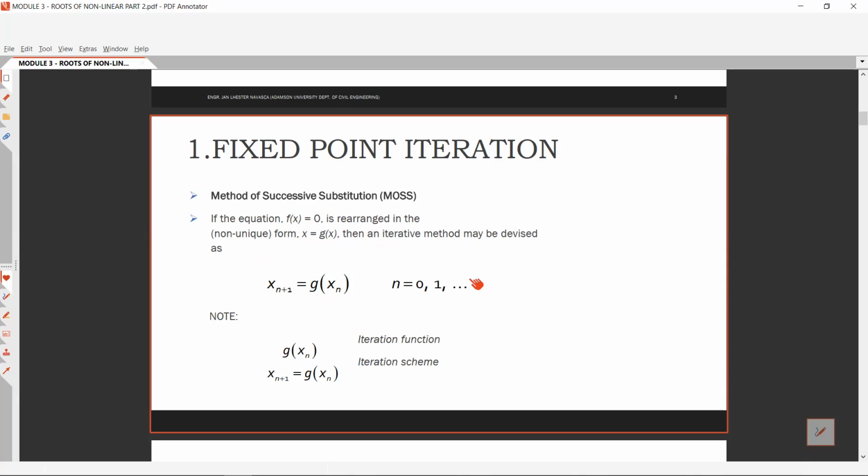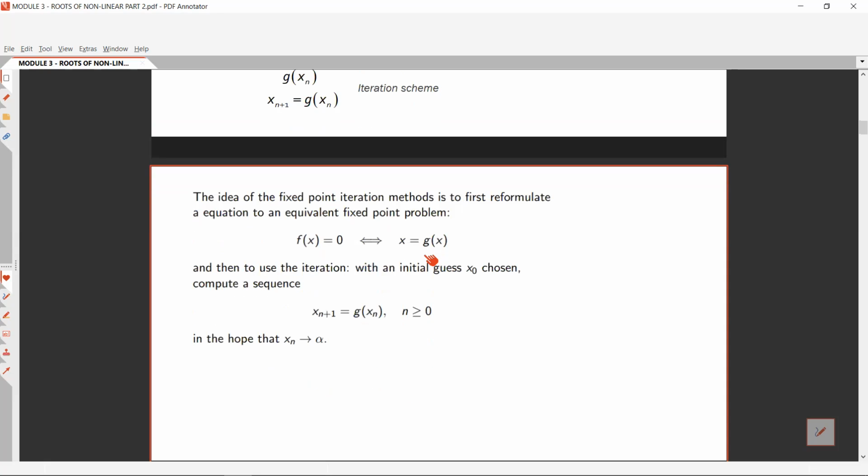Note that g of x sub n is your iteration function, and x n plus 1 equals g of x of n is the iteration scheme. Let's discuss how that works. The idea of the fixed point iteration method is first to reformulate an equation into an equivalent fixed point problem.